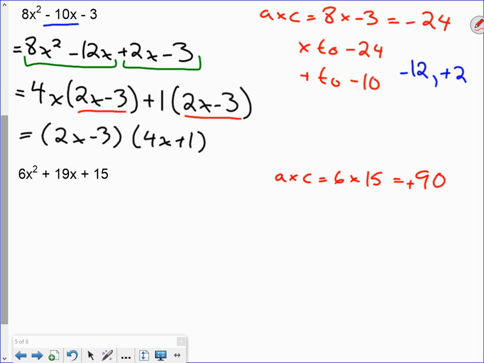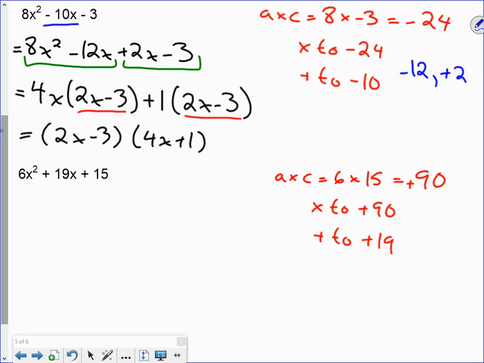I'm going to put down positive 90 because the positive sign kind of matters. Then I want two numbers that multiply to that positive 90 and add to that middle term, positive 19.